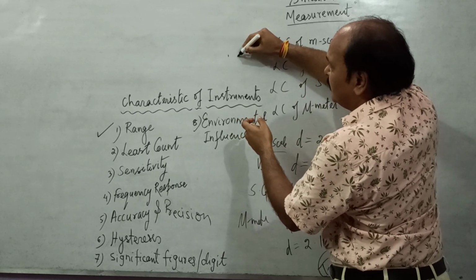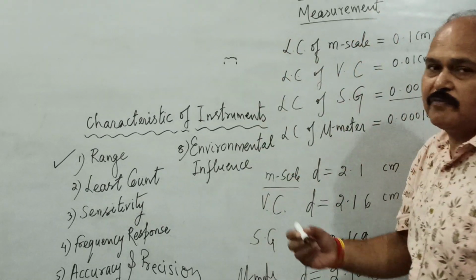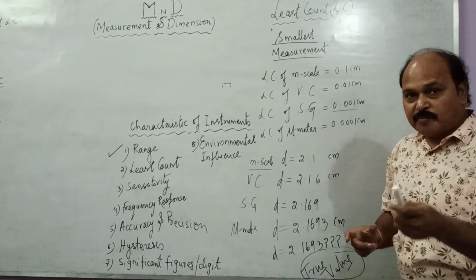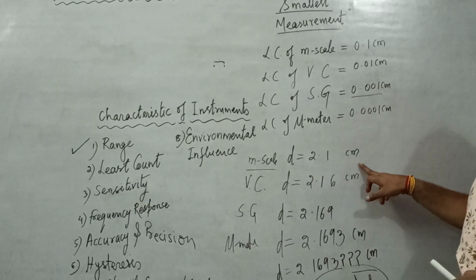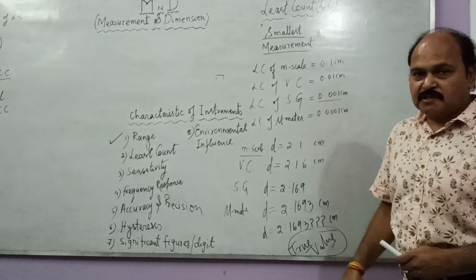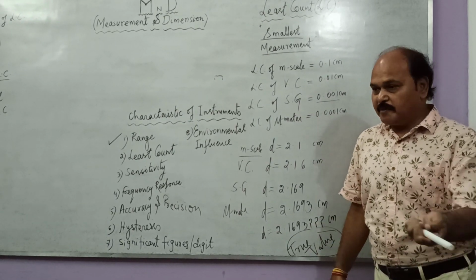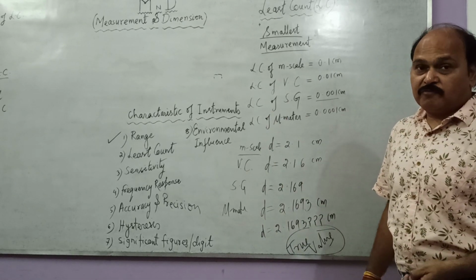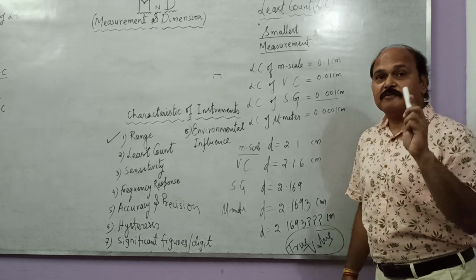You will put 2 marks like this, and then you will measure the distance between these 2 marks with the help of your meter scale. Suppose this distance comes out to be 2.1 centimeter. Is this 2.1 centimeter the correct value of thickness of the pen? Of course it is correct. Everybody whosoever is going to measure this thickness will find it to be 2.1 centimeter, as long as the measurement is done with the help of meter scale.